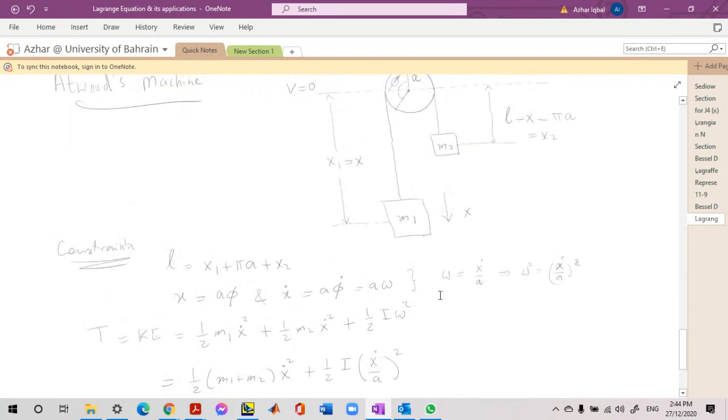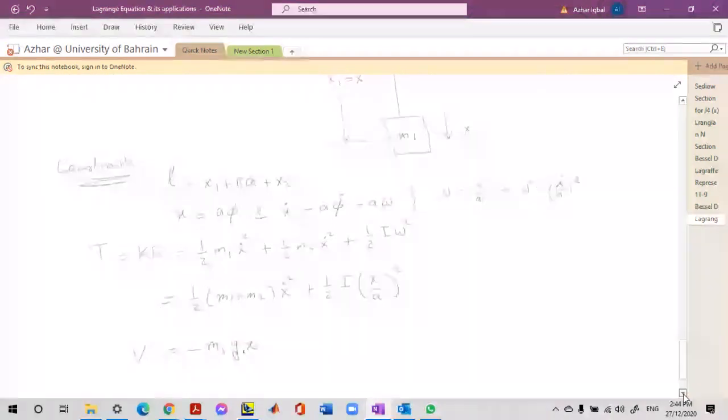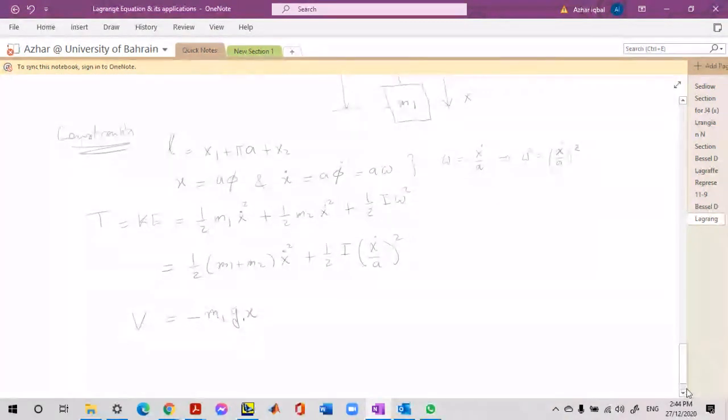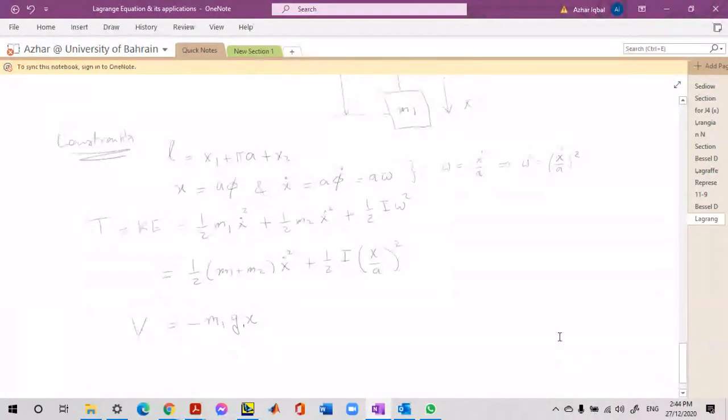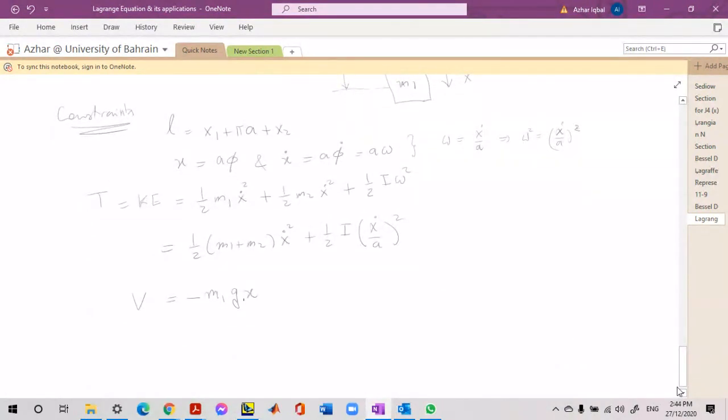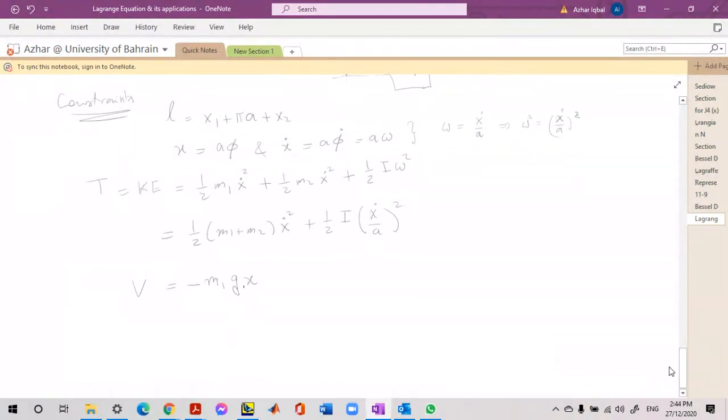And then this will be x2, which can be written as L minus x minus pi a. So the second one can be written as minus m2 g x2.